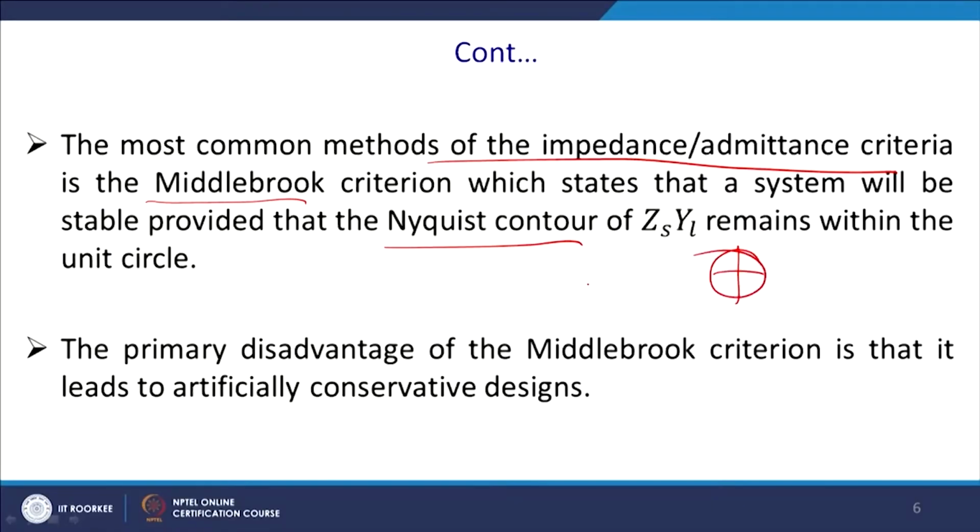That is one of the requirements. The primary disadvantage of the Middlebrook criterion is that it leads to an artificially conservative design. So, you will find that you are unnecessarily putting in extra damping to ensure stability, and efficiency will be poorer, and we require to revisit this Middlebrook criterion here again.